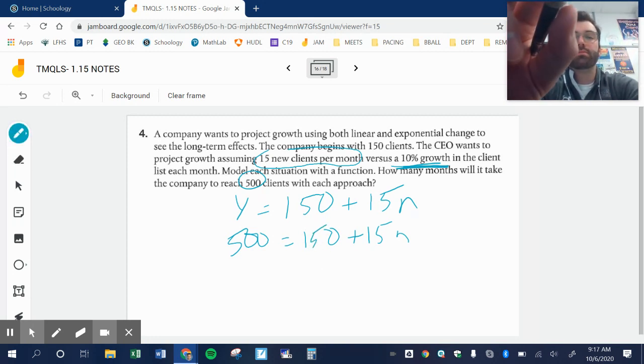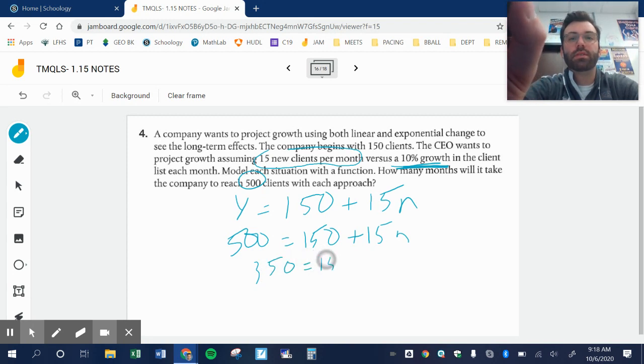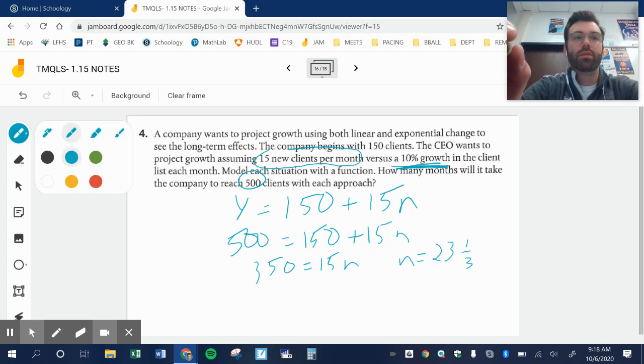Subtract 150. That's 350. Divide by 15 and that equals n. So n would equal 23.333 months.